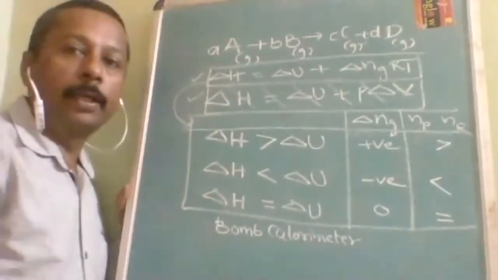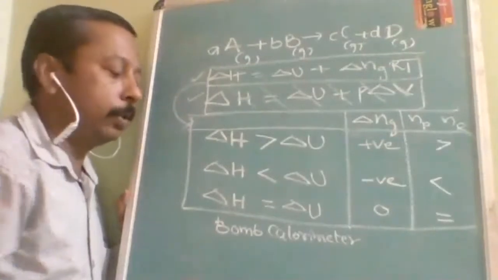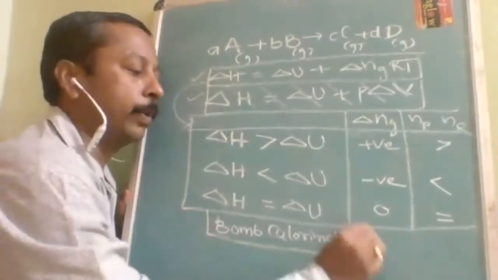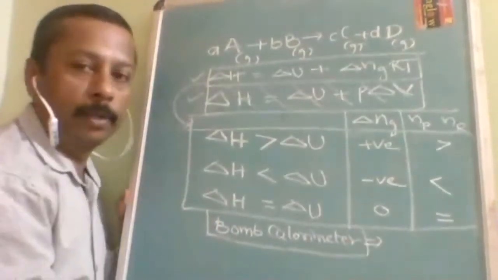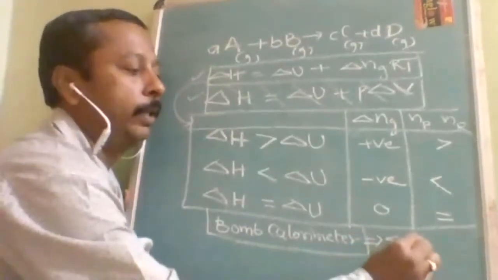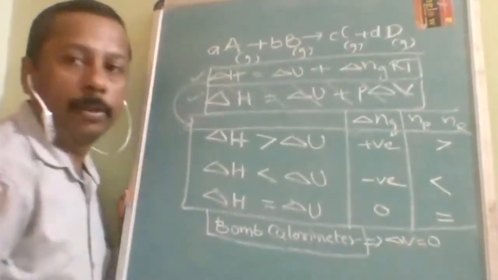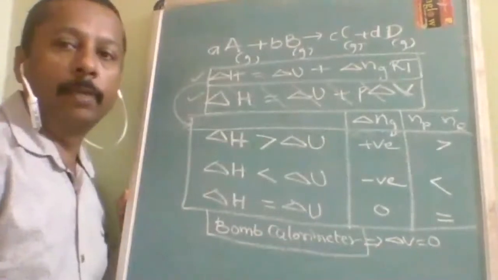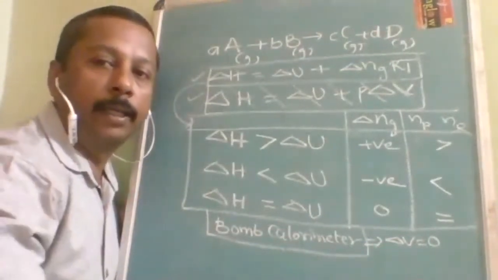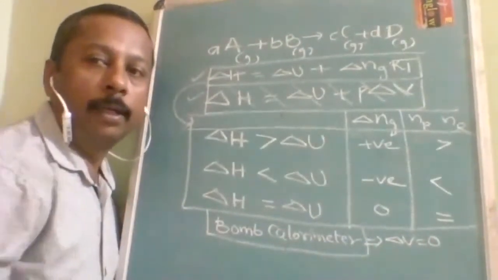Actually, in a bomb calorimeter there is no chance of increase in volume. In bomb calorimeter, what is the thing? Delta V is equal to 0. It is a robust one, therefore volume can never increase, volume can never decrease.